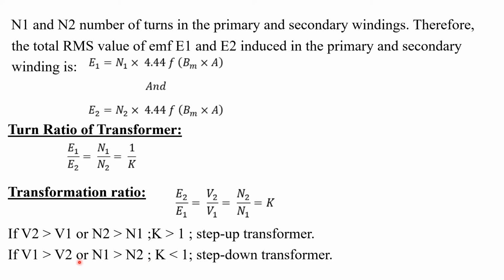Otherwise means if V1 is greater than V2 or N1 is greater than N2, then the value of K will be less than 1. That means the transformer will be step down transformer. So based on the value of this K, we can find out whether the transformer is step up or step down.